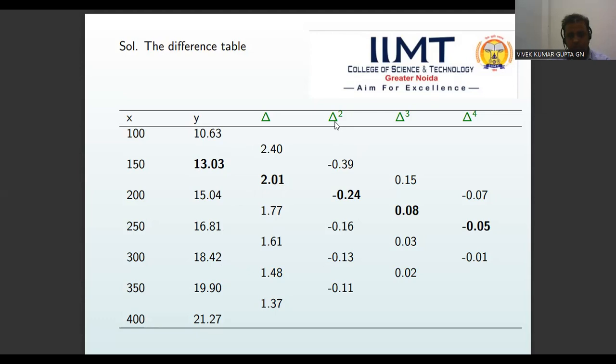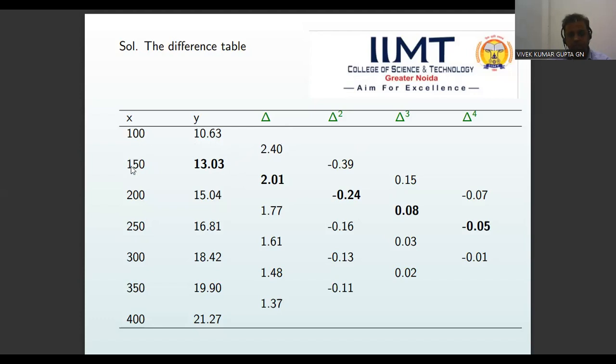The second difference is found by subtracting 2.01 minus 2.40, and 1.77 minus 2.01. Similarly, the third and fourth differences. Let me repeat again. The first difference del y0 is given by the difference 13.03 minus 10.63, where 13.03 is y1 and 10.63 is y0.